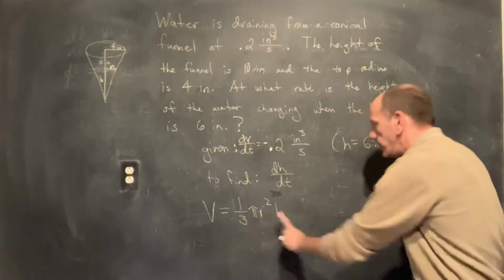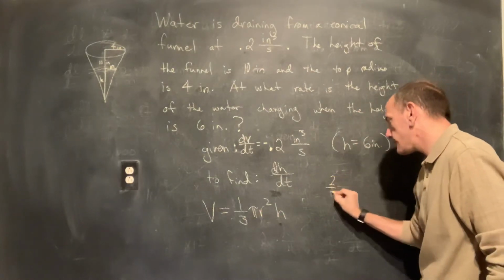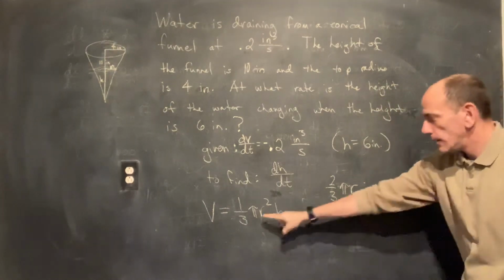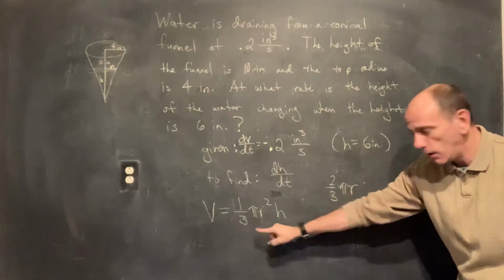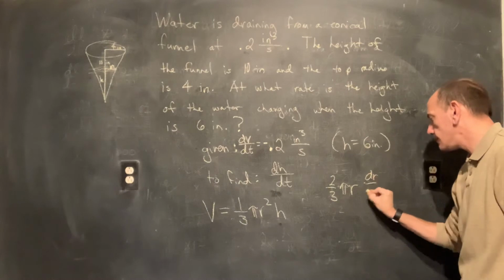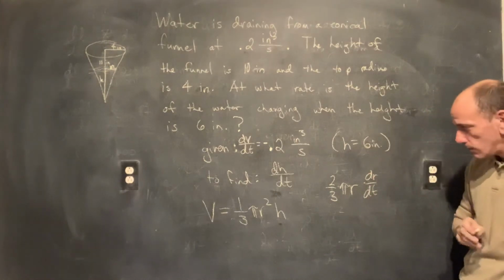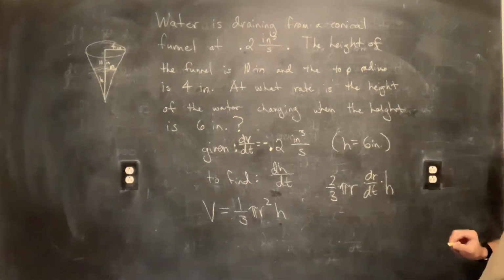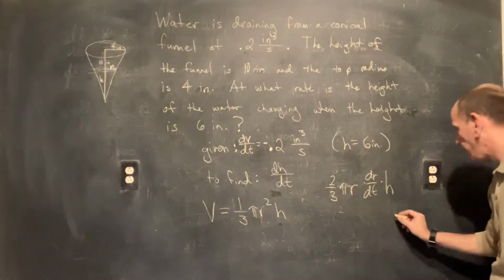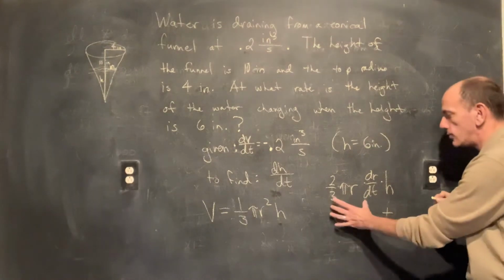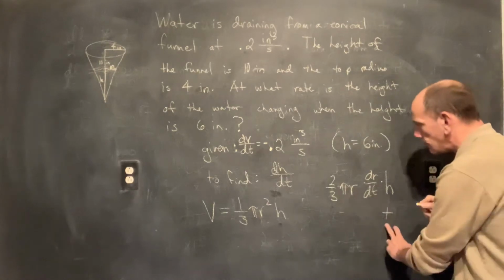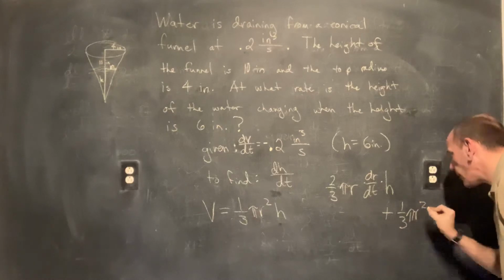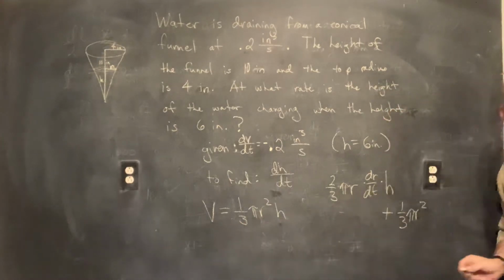I'll take the derivative of the first, which would be 2/3 pi r times dr/dt, that's my chain rule, times the second, plus the first, 1/3 pi r squared, times the derivative of the second.